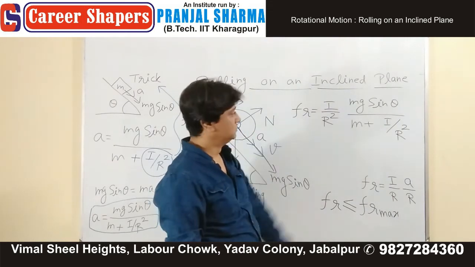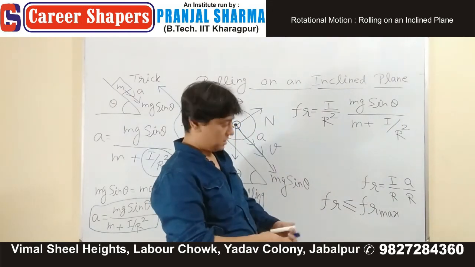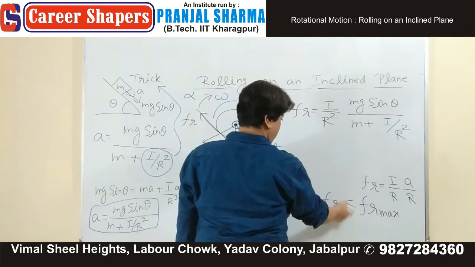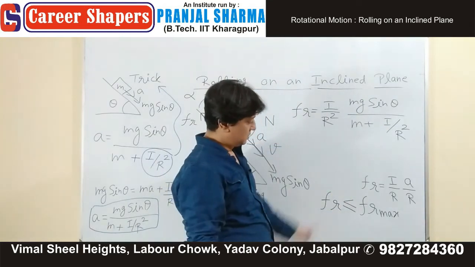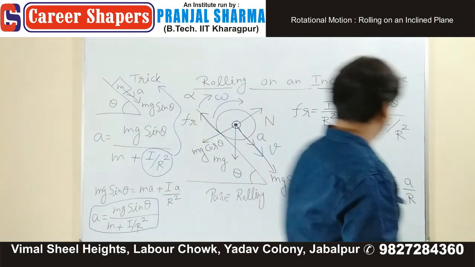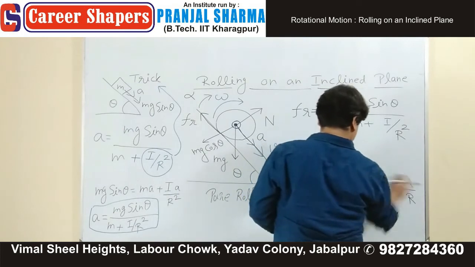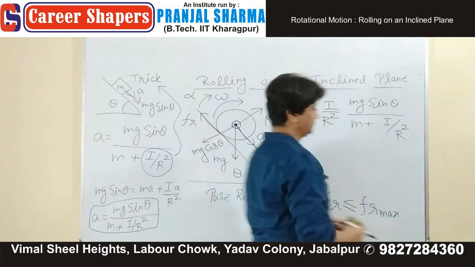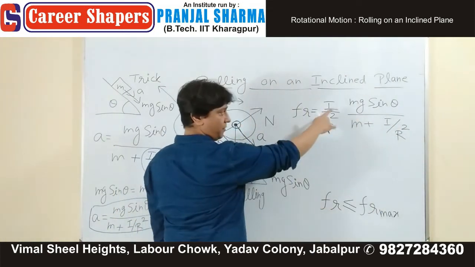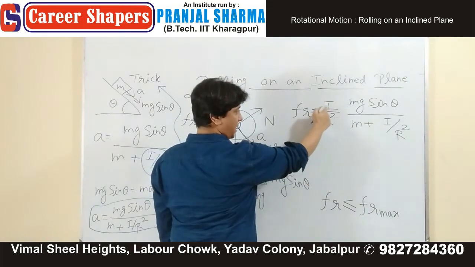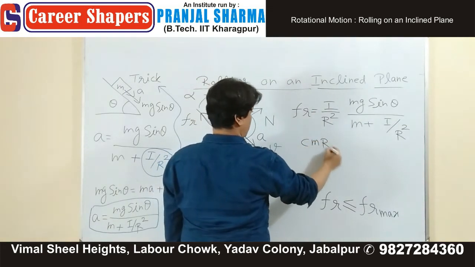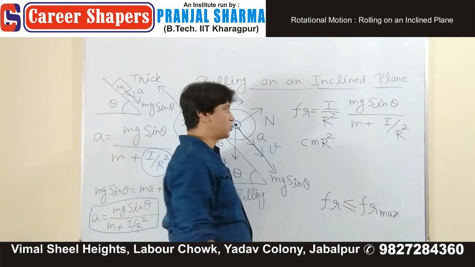This Fr is now what? Less than or equal to Fr max. So we'll put the value of Fr in this, and when you put the value of Fr in this, you get this result. This is coming I is CMR square.